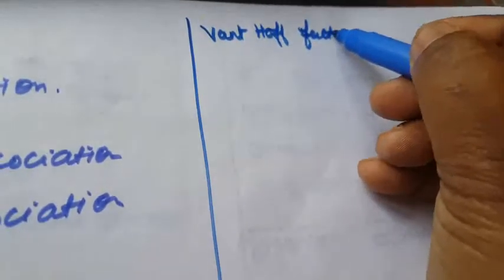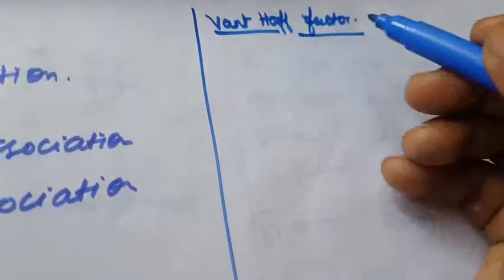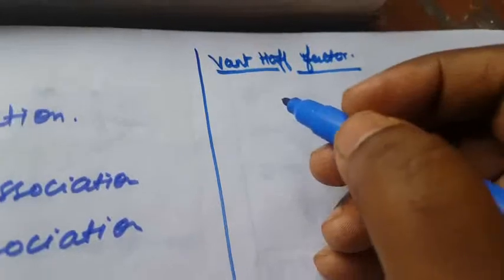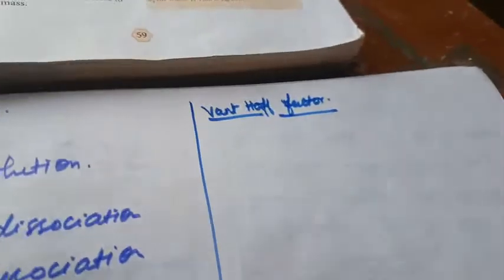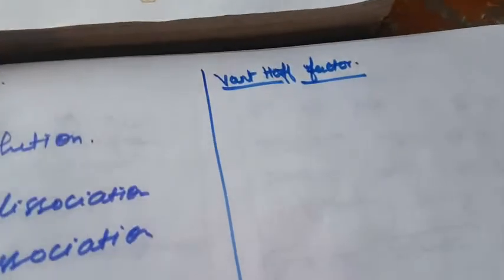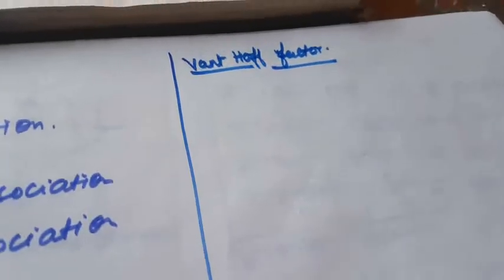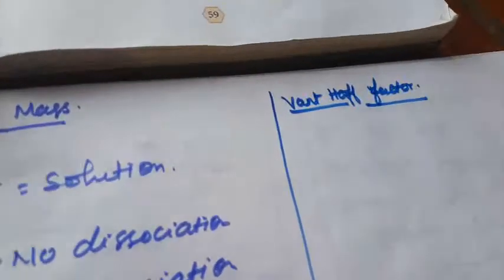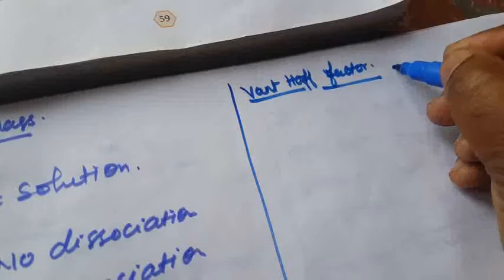What is meant by the Van't Hoff factor? It accounts for association or dissociation, comparing the observed colligative property and the calculated colligative property. The term introduced by Van't Hoff is small i.